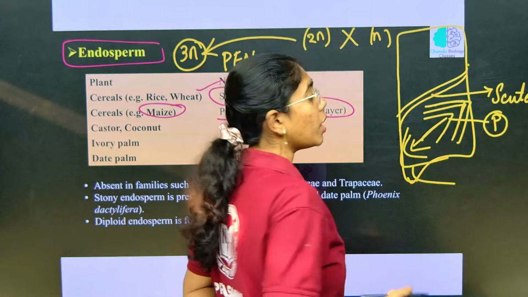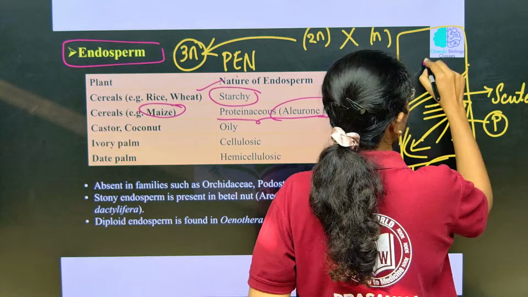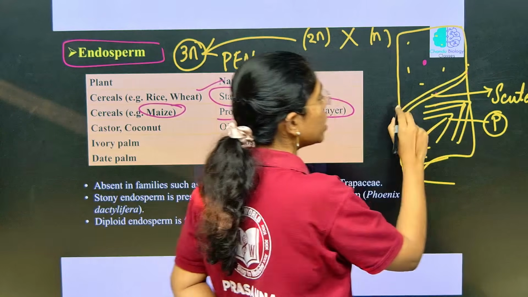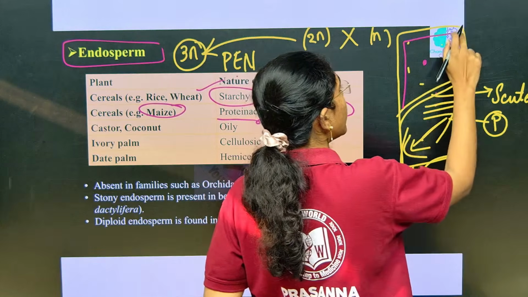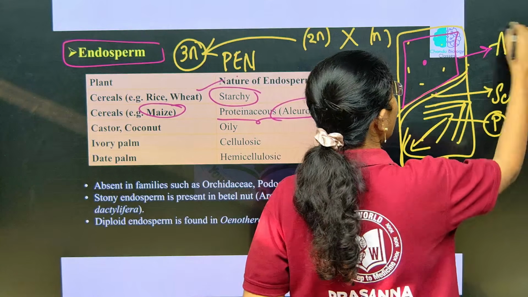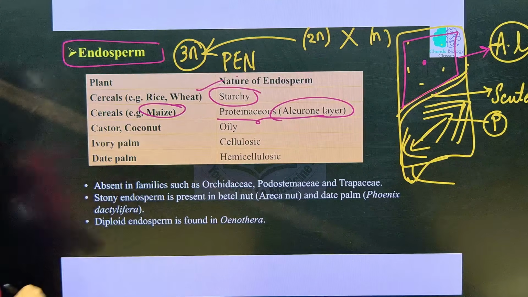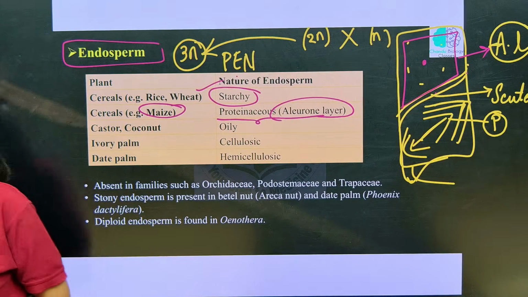Above the scutellum you have the endosperm. At the center you will have starchy endosperm which is encoated by a protein rich layer called aleurone layer, which is proteinaceous endosperm. So, in maize seeds you will see a proteinaceous layer also.